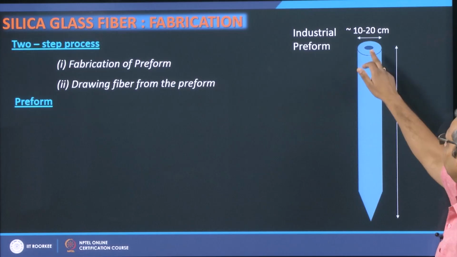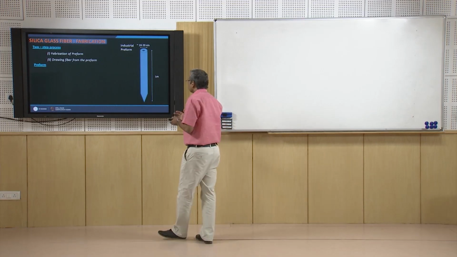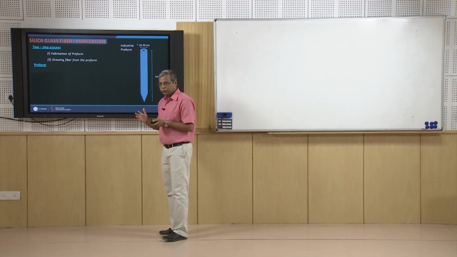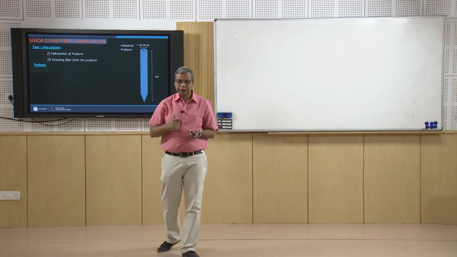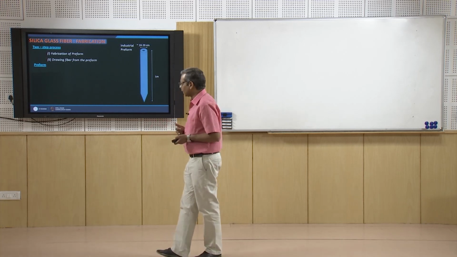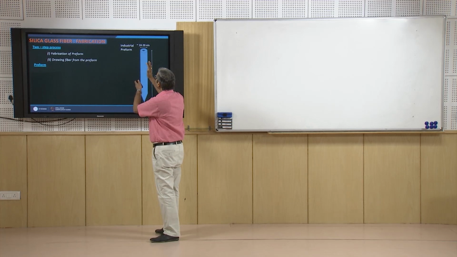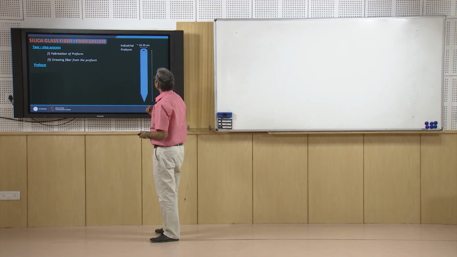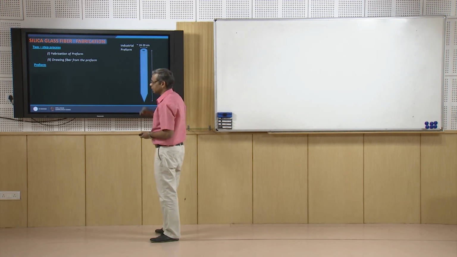Here you will have around 1.45, then here you have 1.44 for example. It is not possible to start with something which is on micron scale. So, what we do, we first make a large structure which contains this geometry and refractive index distribution.